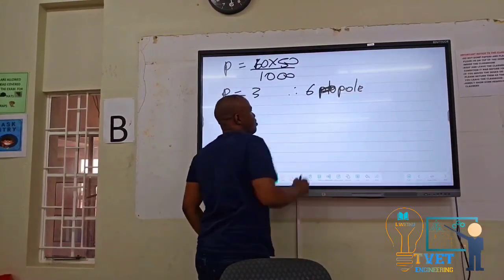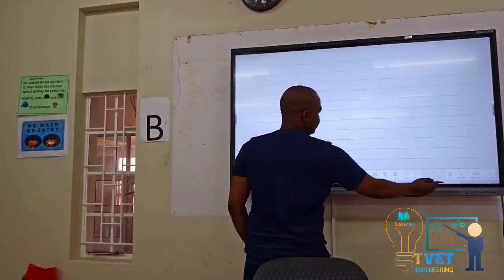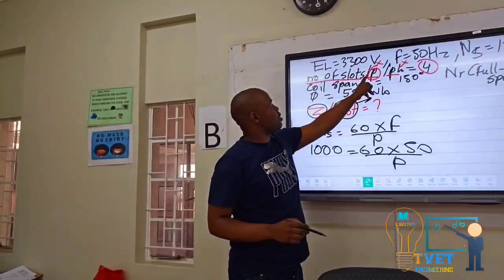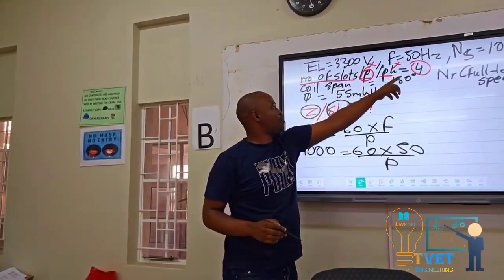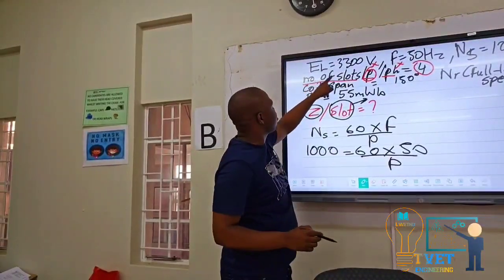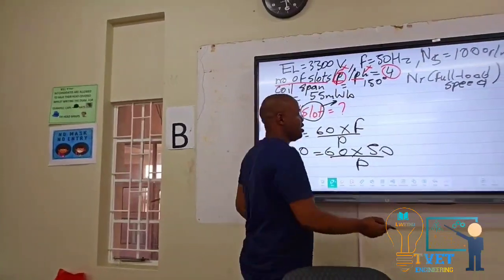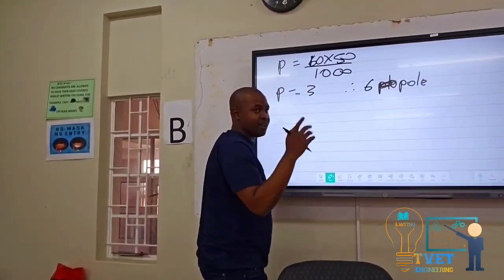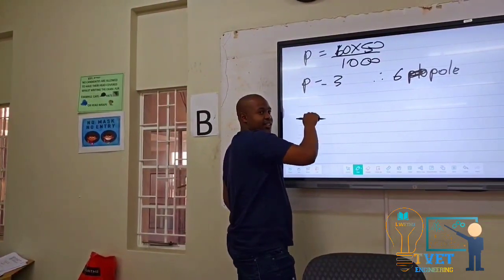So the number of poles is 6, with 4 slots per pole per phase. I'm going to multiply that 4 by 6.